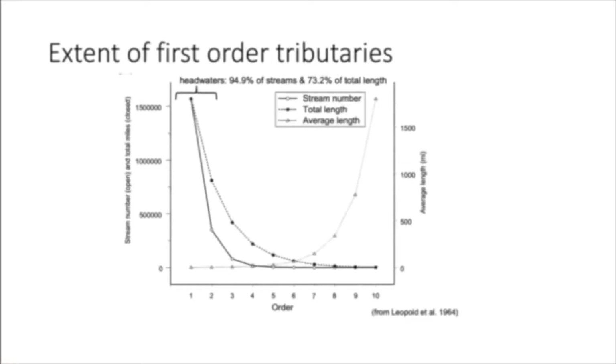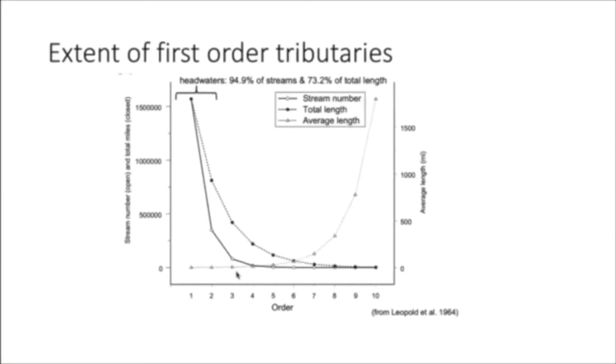Here you can see just the extent of headwater streams. These headwater streams are usually first or second order streams. They're highlighted here on the left of this graph on the x-axis, and on the y-axis we have how many stream miles are open, and then the average length of those streams.